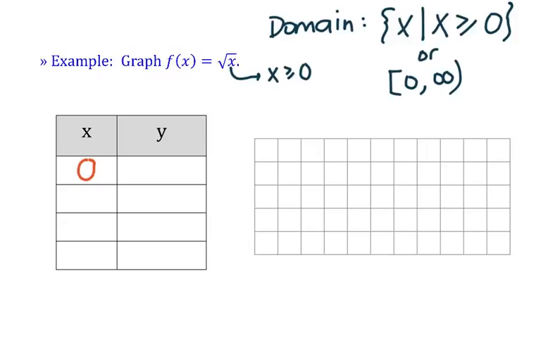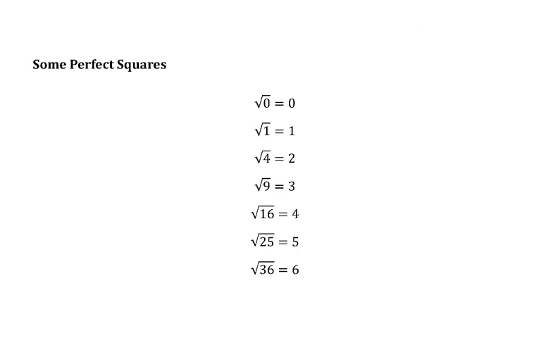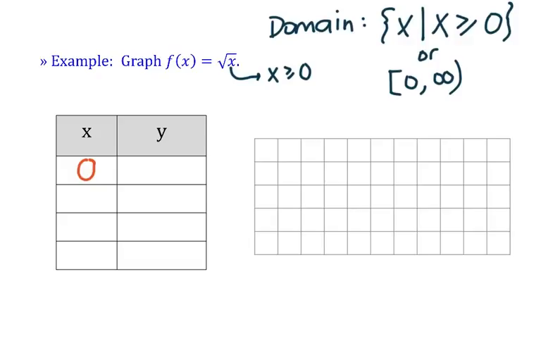So now, what other values of x should I choose? Well, if I'm strategic, I'm going to choose values like 0, and 1, and 4, and 9 because these are perfect squares. So let's go ahead and use 0, 1, 4, and 9. Really, all we're doing now is we're grabbing these values of x and plugging them into the function.